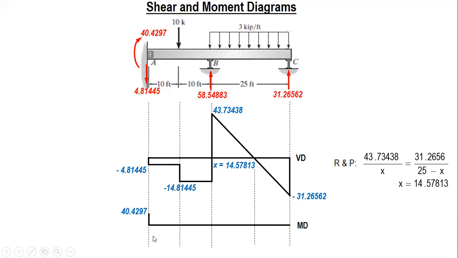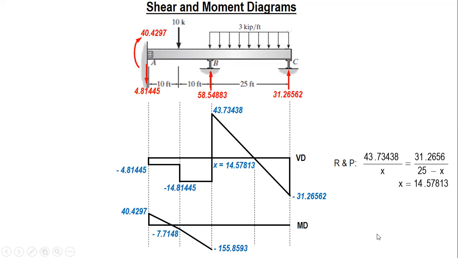4.81445 times 10. So 40 minus 48, that's negative 7 point something. And then after this, downward again, 14.81445 times 10. And so we have this one, 155.8593. And then after this, you add this area, 1/2 base times height.